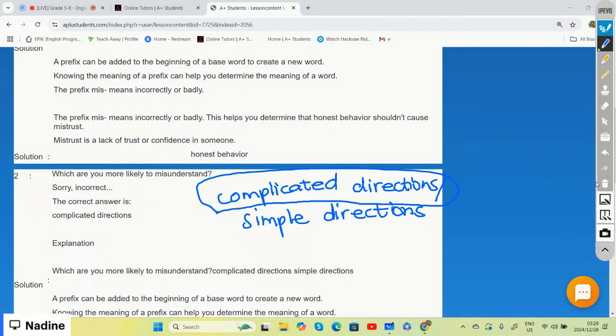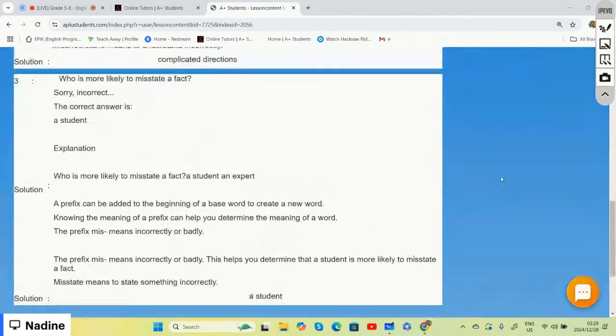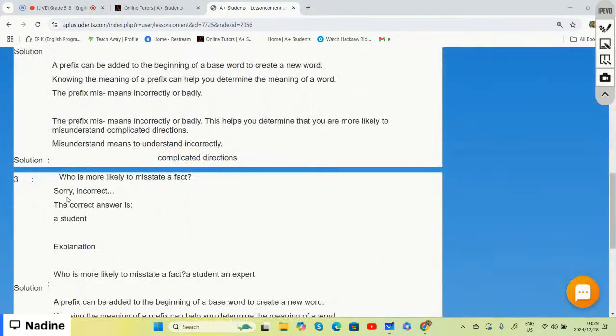All right. One more, and then we're going to our test. Which is more likely to misstate a fact? Misstate a fact means that you did not state it correctly. You stated it wrongly.